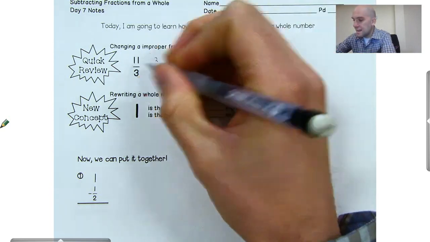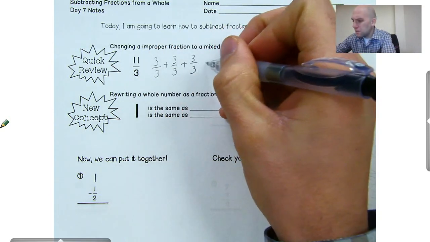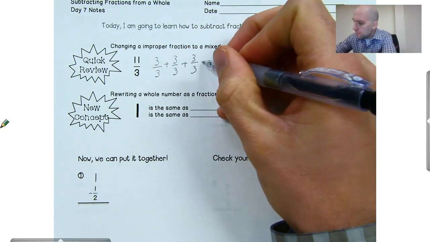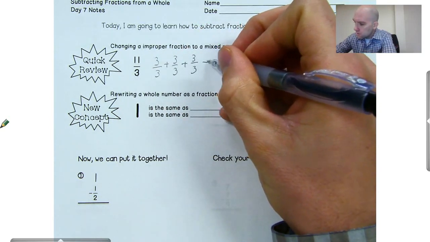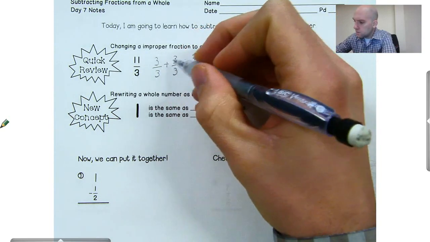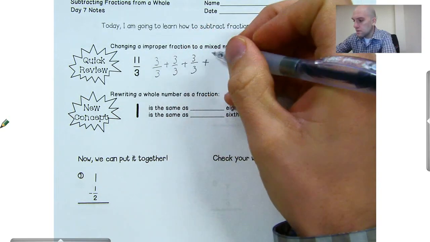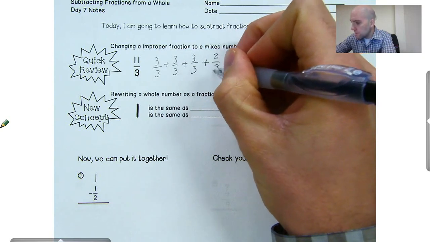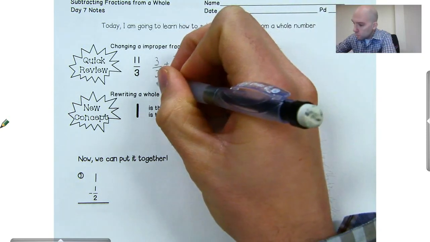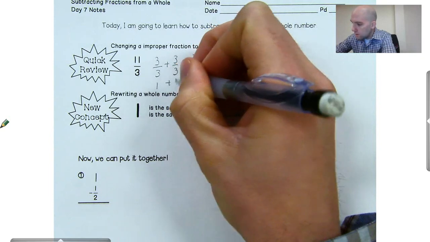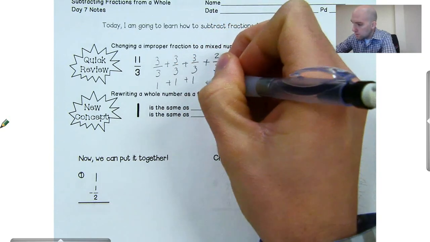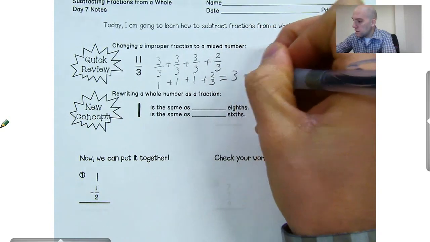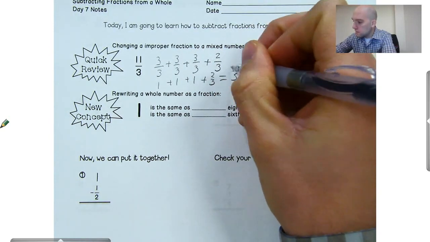Well, that gives us 9/3. If I added another 3/3, that would give me 12. That would be too many. So 3/3 plus 3/3 plus 3/3 will give me 9/3, plus another 2/3 would give me 11/3. This is 1 plus 1 plus 1 plus 2/3. It's going to give us 3 2/3.